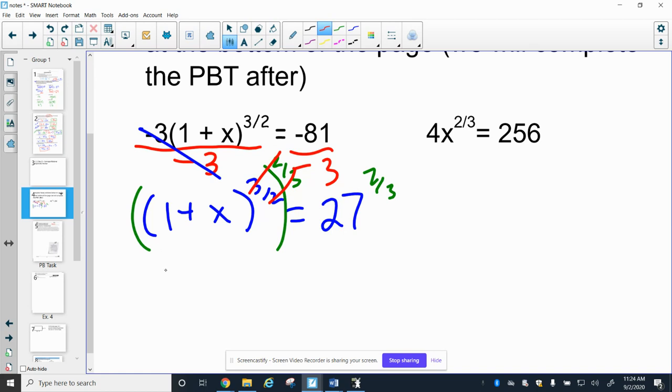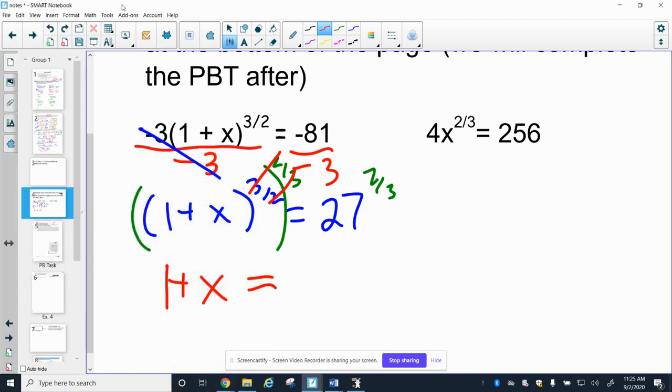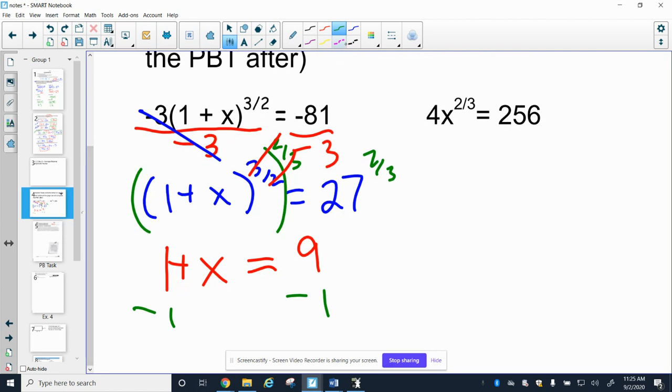So we'd be left with just 1 plus x. Notice the parentheses are gone because there's nothing outside the parentheses anymore. Equals, when we put this in our calculator, we would put in 27, caret key, parentheses 2 divided by 3. So we get 9. So 1 plus x equals 9. Now we solve. Subtract 1, subtract 1. x equals 8.